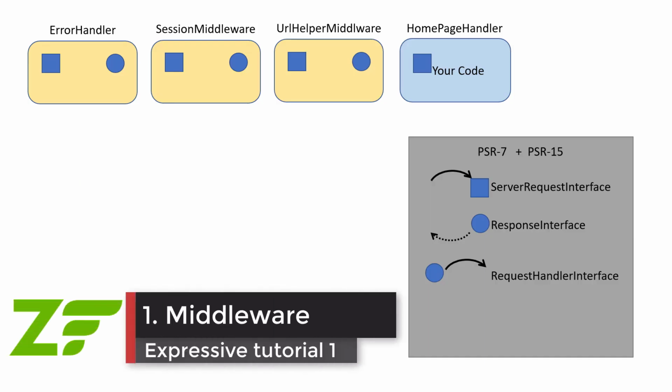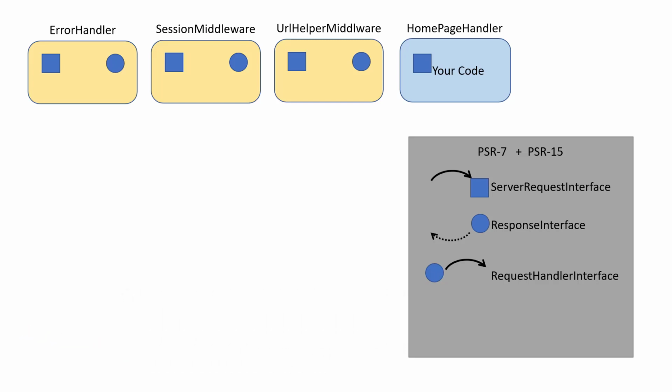To answer that question, let's look at an abstract architecture overview of Zend Expressive. Middleware is like a step at a conveyor belt, where the conveyor belt is the whole of Expressive, and a middleware is a particular stop on the conveyor belt that is designated to do its own very specific task, such as creating a session in memory.